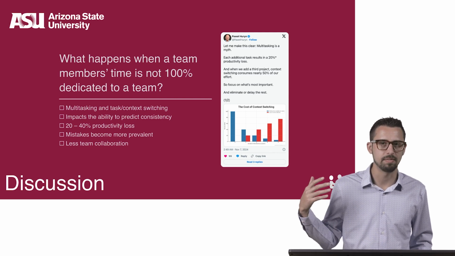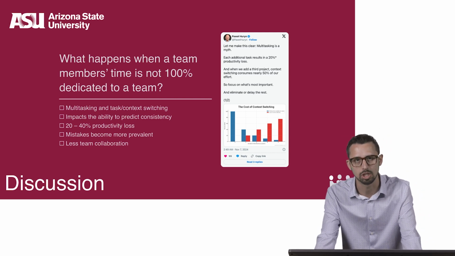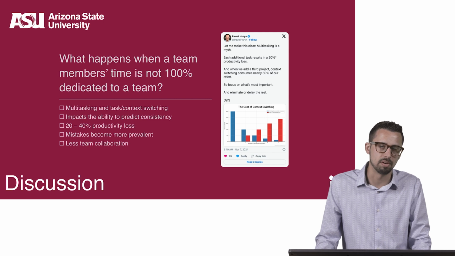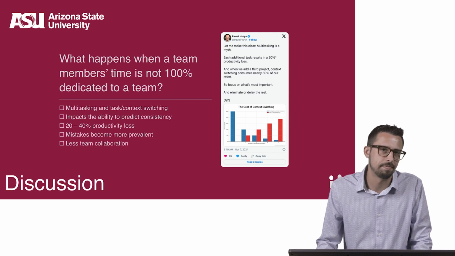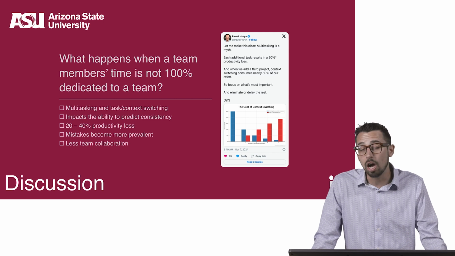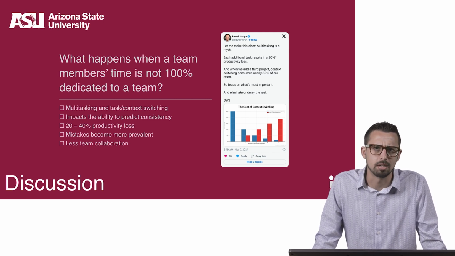People experience productivity losses somewhere between 20 and 40% when task switching. The loss increases exponentially with the number of tasks. When a person multitasks between two projects, that person is not 50% on each project. Instead, due to the cost of task switching, the person is somewhere between 20 and 40% on each project.